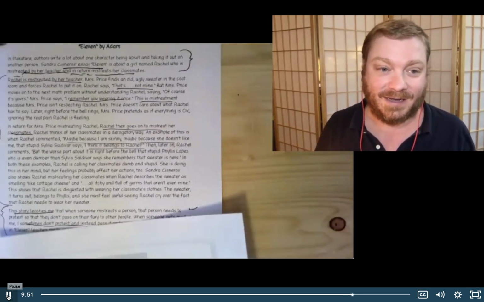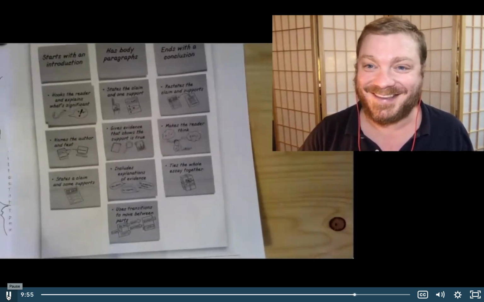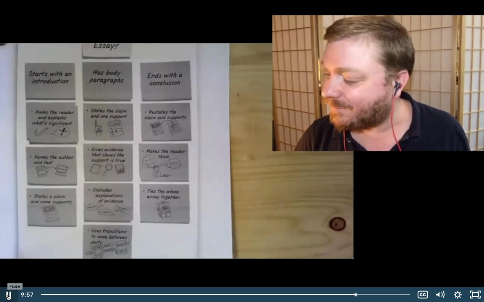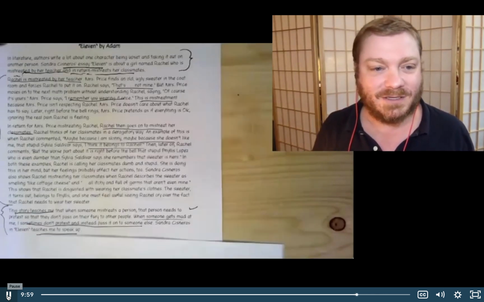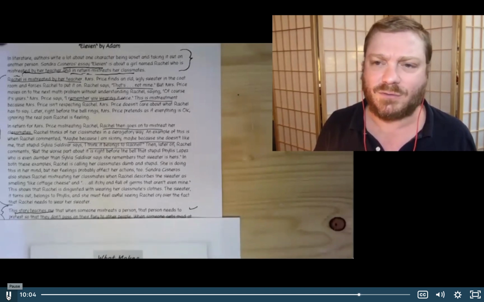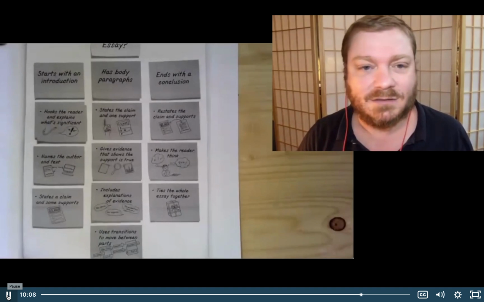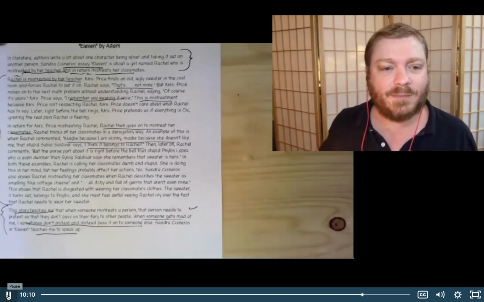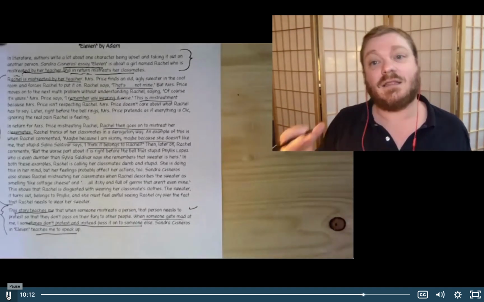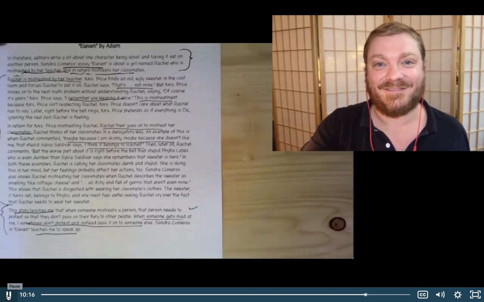We see that Adam restates his claim of the character being mistreated. Makes the reader think. He's doing some things to make us think, like thinking about standing up for yourself so you're not passing on negative feelings to others. And then he ties the whole essay together by mentioning some things that he learns that he can pass on into his own life.